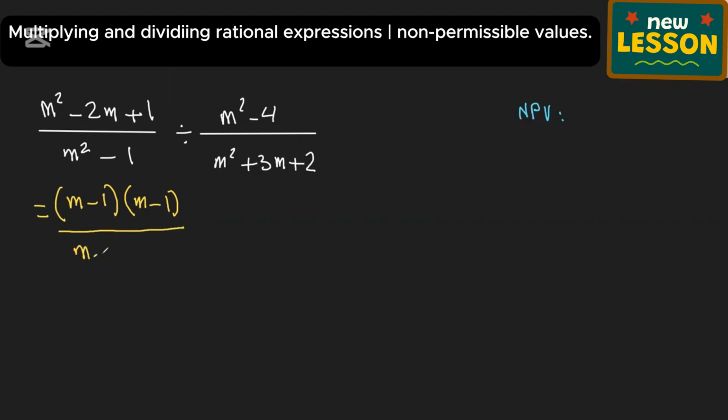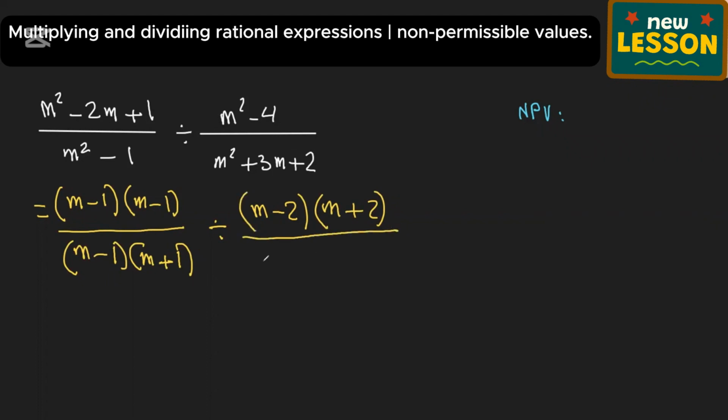So the difference of two squares just gives you m minus 1, m plus 1 when you factor it, divided by, this is again the difference of squares. So I'm going to have m minus 2, m plus 2. If you're having trouble with factoring, just go back to my videos about factoring, where I made that very clear. Here, you're looking for two numbers that multiply to give you 2 and add to give you 3. So it's m plus 2 and m plus 1.